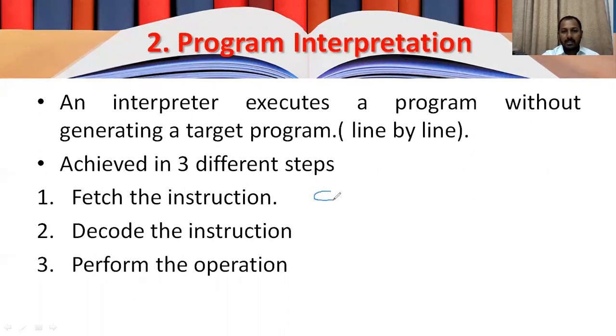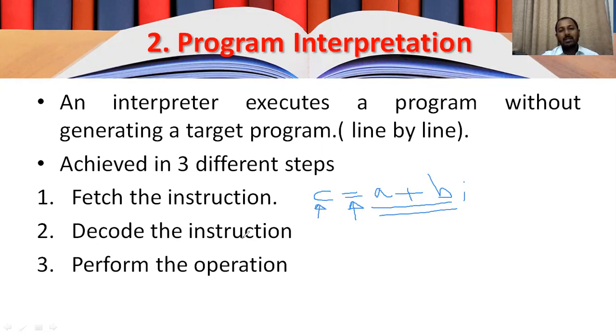Suppose the instruction is C is equal to A plus B. Decode the instruction means what? It will make sure that equal to is having some calculation at the RHS, and before equal to, the LHS must have only one symbol.